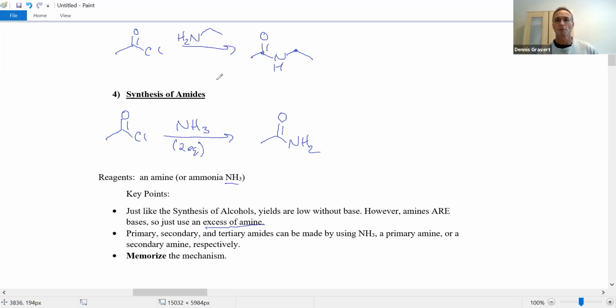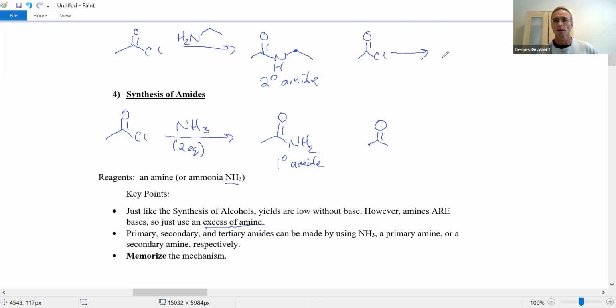And you're going to use a primary amine, and we're going to use an excess of it so that we get our secondary amide. This is a primary amine.